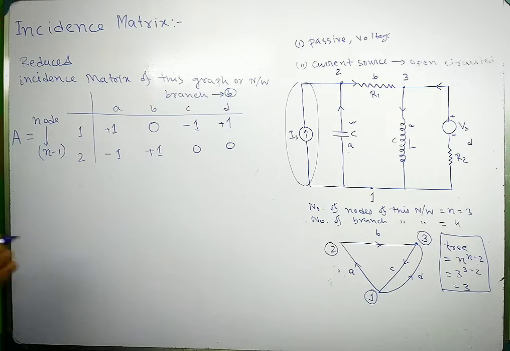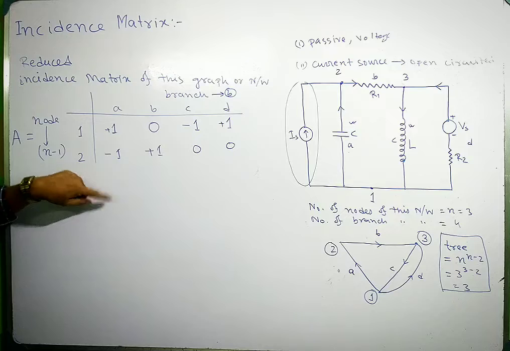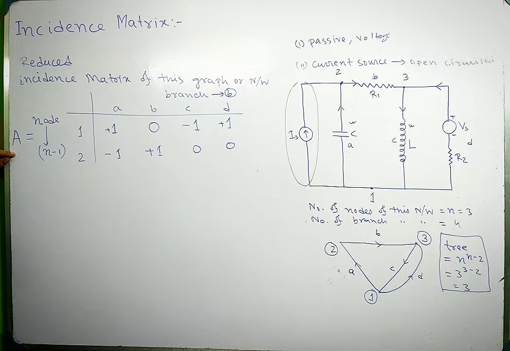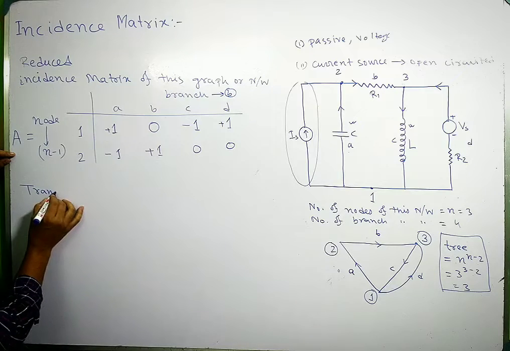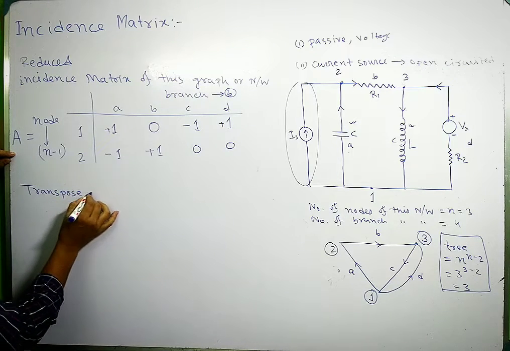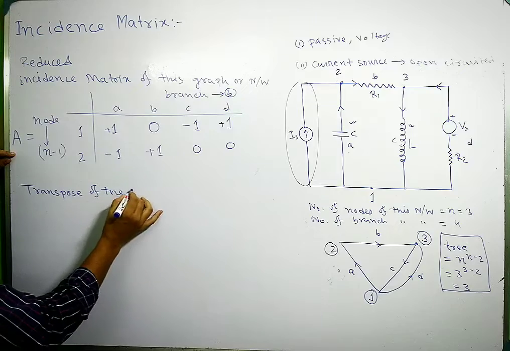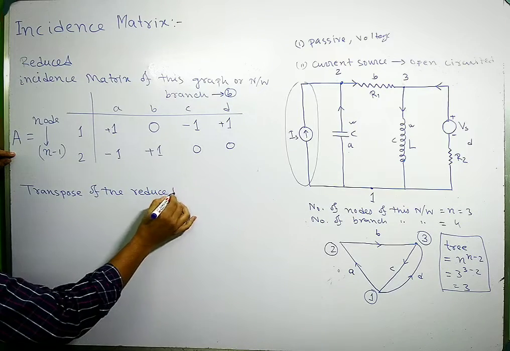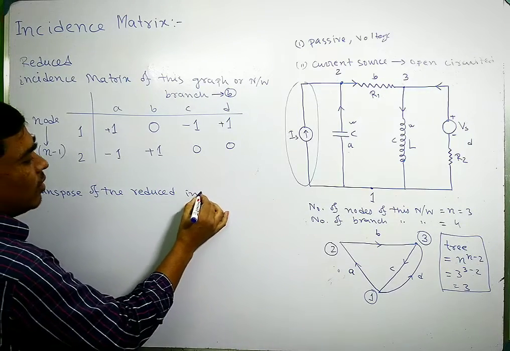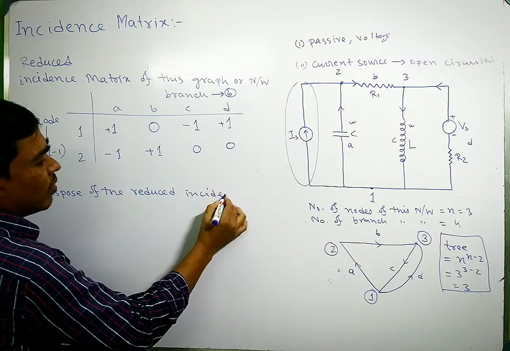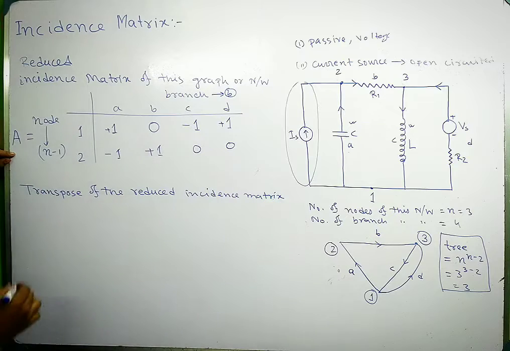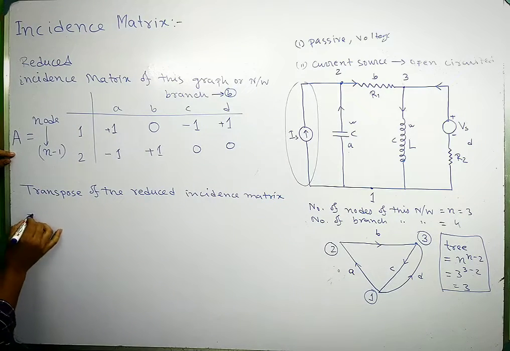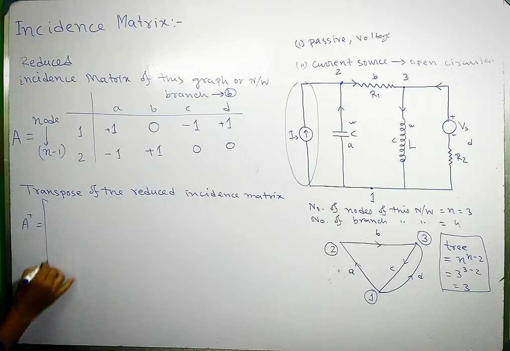Now if I transpose this matrix, the transpose of the reduced incident matrix, A transpose, will look like this.